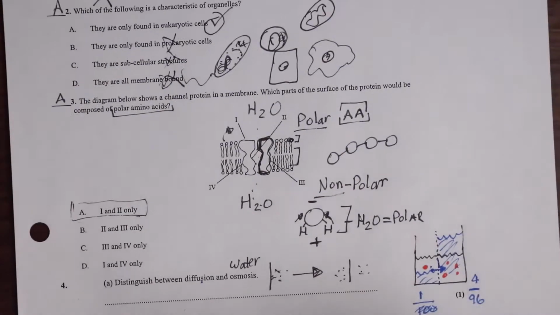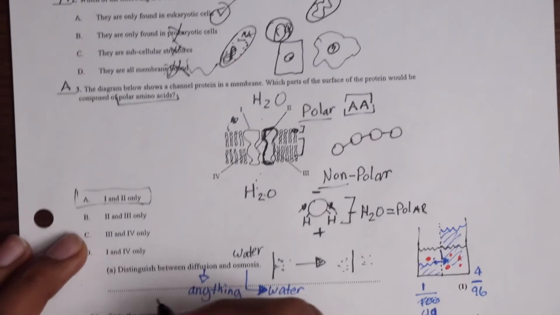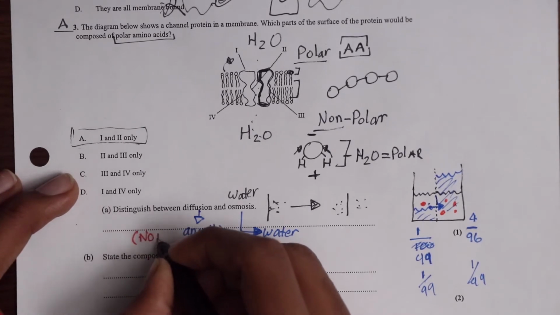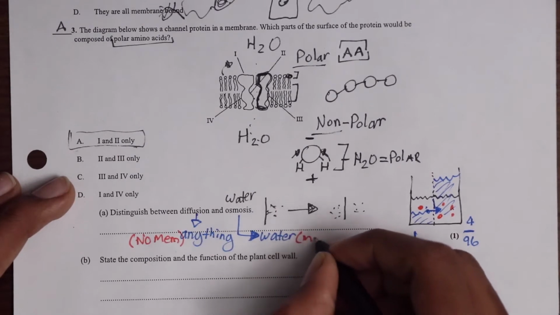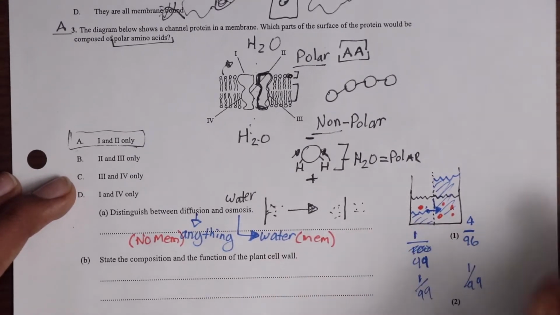So, diffusion, anything, osmosis, water. Diffusion, no membrane. Osmosis, water, membrane. Alright? Makes sense. Okay, next.